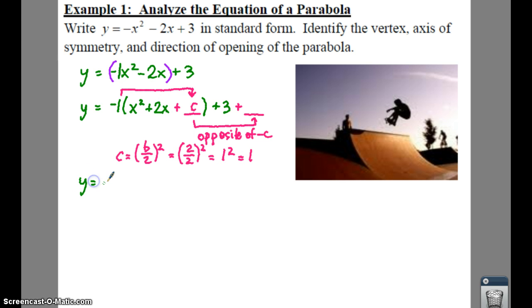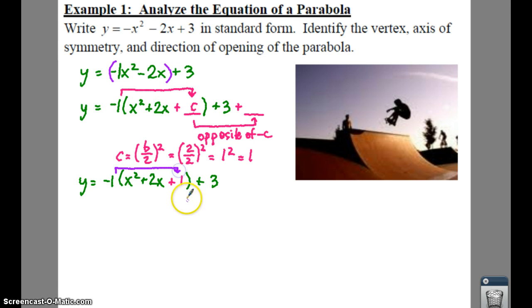So y equals -1. You get an x squared plus 2x. Instead of a plus c, you're going to have a plus 1 here. And just because we have a plus 1 here does not mean we automatically put a -1 on the outside. What we have to do is multiply -1 times 1.